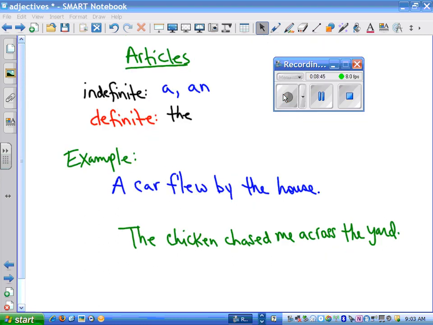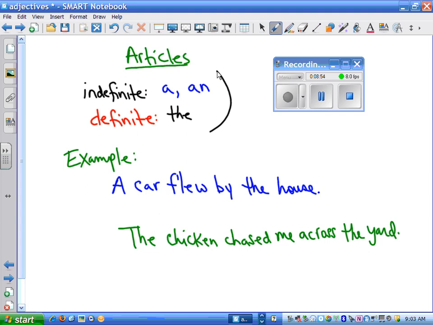So articles, there are only 3 of them, only 3 that you have to remember. Just 3. There they are. A and an, those are our indefinite articles. And then our one and only definite article, the. So let's take a look at our 2 example sentences. Right, the first one, a car flew by the house.